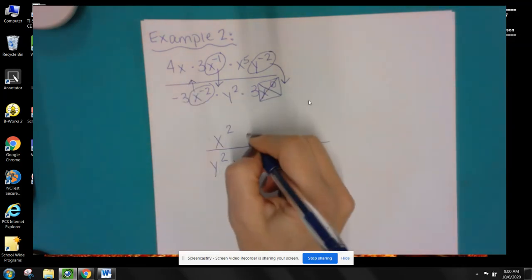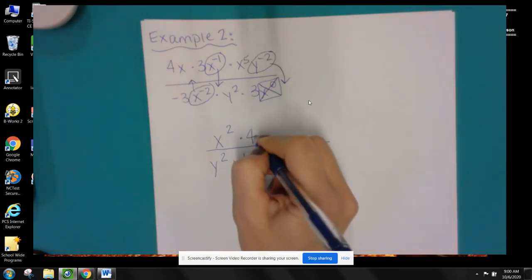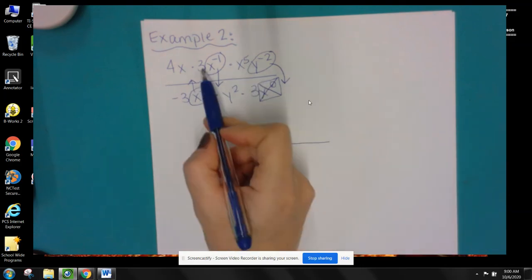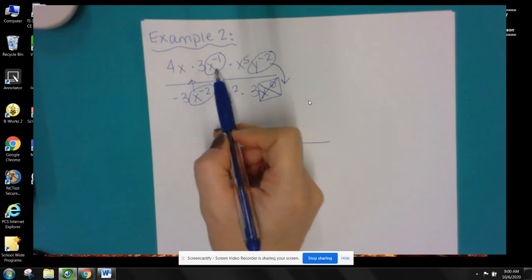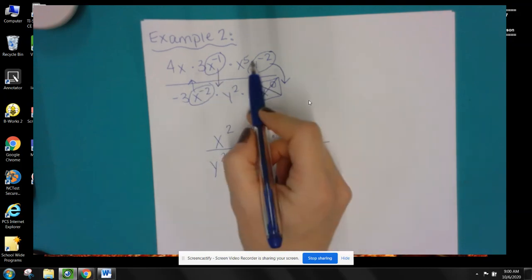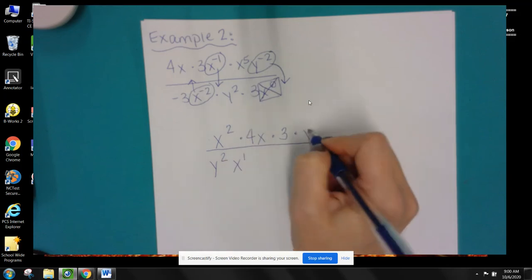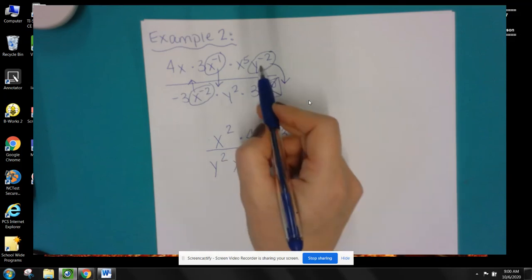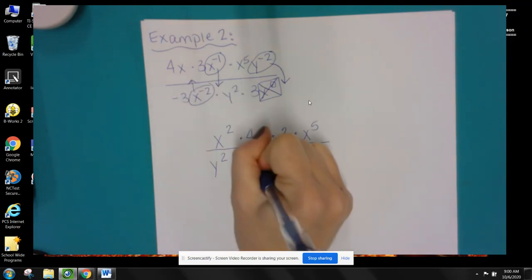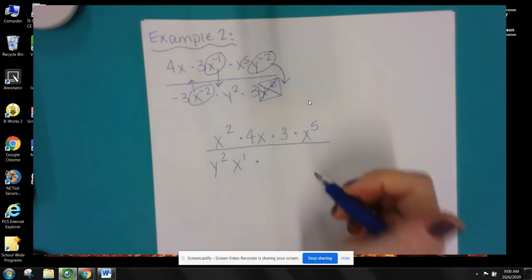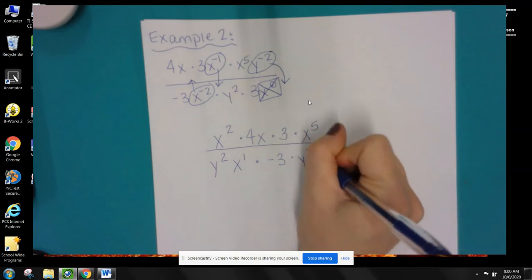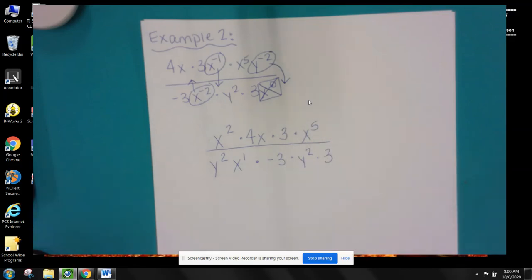So now I've got times 4x times, remember now I only have 3 because this moved down to the denominator. And now I'll only have x to the 5th because this moved to the denominator. So now in addition to the stuff I've moved to the bottom, I've got -3, I've got y squared, and I've got +3.